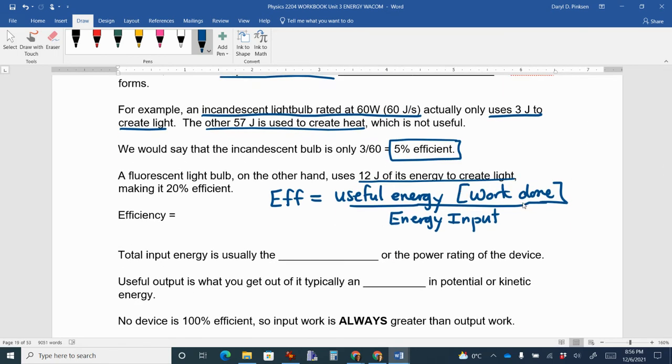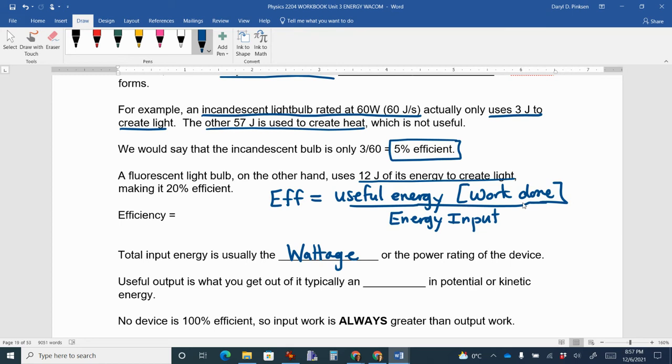So the input energy is usually the wattage or the power rating of the device. So like 1500 watts, a 100-watt light bulb. When you're dealing with watts, you're dealing with power.